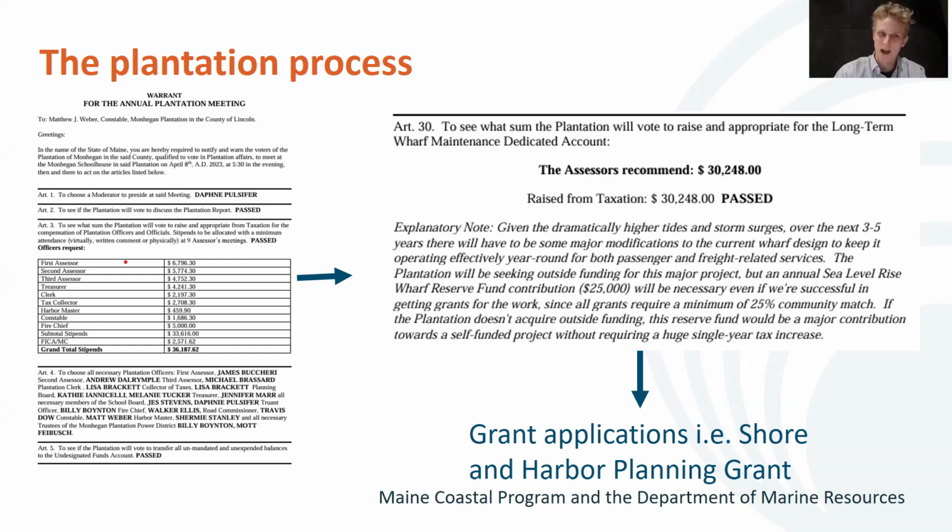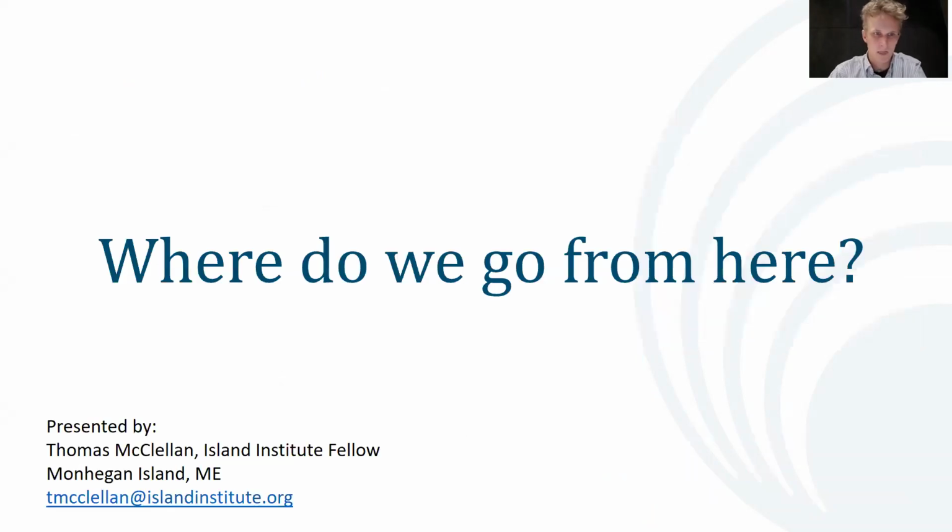And then once they were passed by the Board of Assessors, we were able to create a floating fund. And now we have the agency to contribute those funds towards any grants, like the Shore and Harbor Planning Grant. And it was a pretty straightforward process. And you can go next slide.